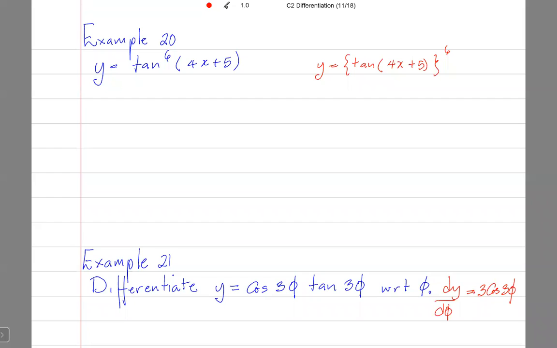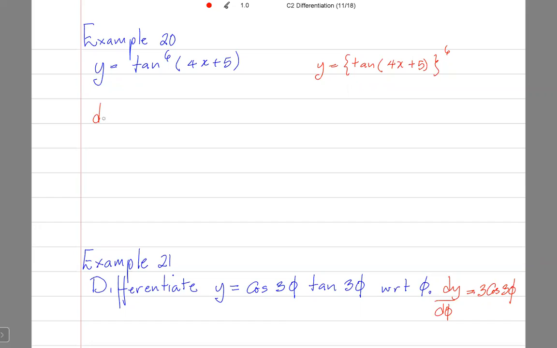So here it is a composite: the outer function, when you differentiate it, is a power differentiation. And then the inside function is tan. When you differentiate tan, you're going to get sec squared.